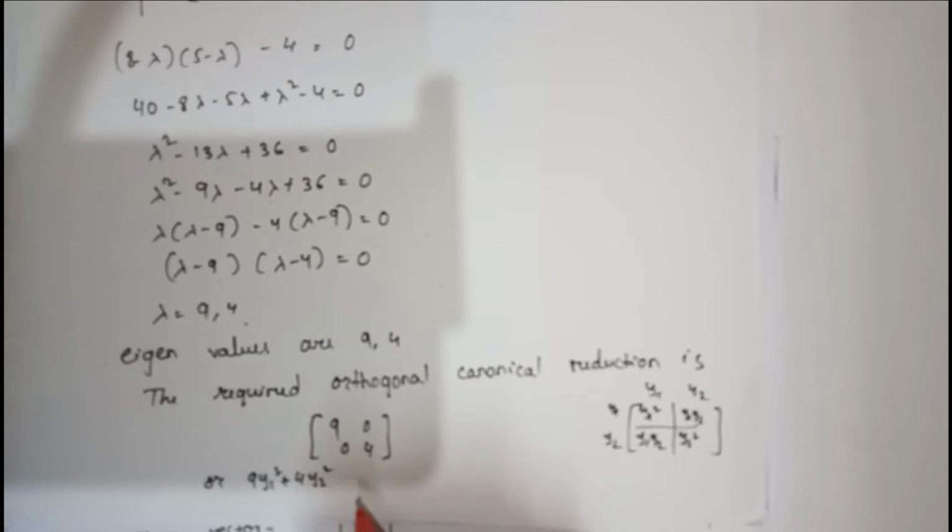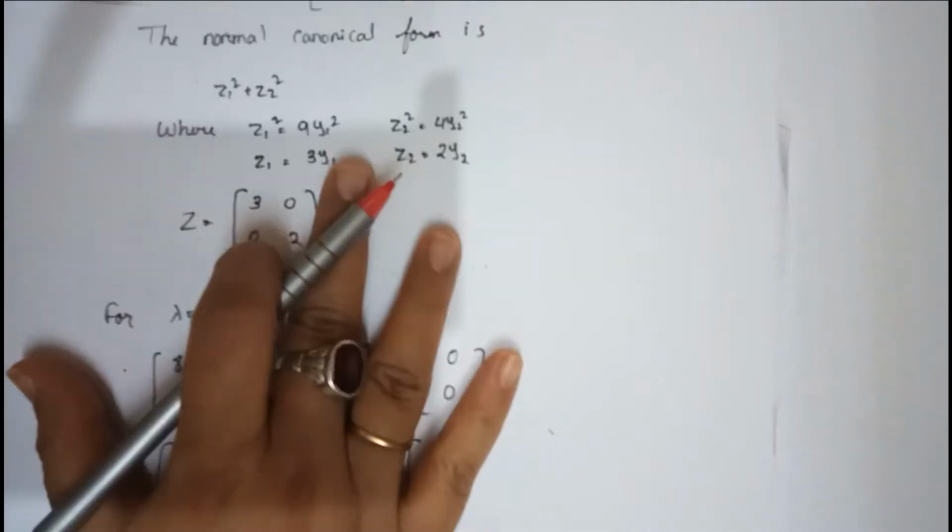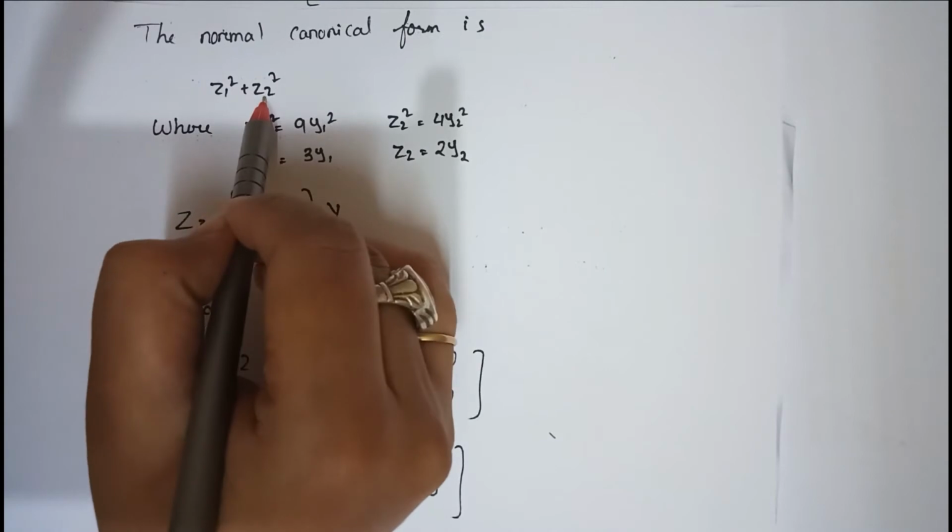But what I need to find here is the normal canonical form. And what do we mean by normal canonical form? In the normal canonical form, the coefficients are either plus or minus 1. So the normal canonical form is z1 square plus z2 square.